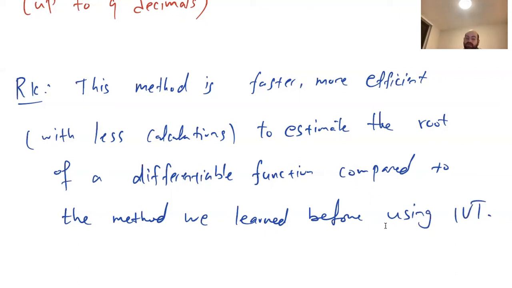In mathematics and also in computer science, when you want to construct an algorithm, it's important to ask what its complexity is: how many computations are needed to perform a specific task or algorithm? It's very important, especially in computer science. So this is a simple example where both methods estimate the roots, but Newton's method is faster, more efficient, and uses fewer calculations.